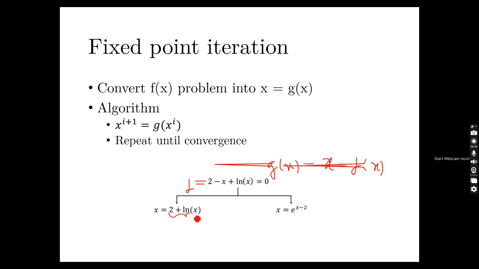This is our g(x), and x minus g(x) is our f(x). And in this case, exponential of x minus 2 is our g(x). So we will initialize with some x value, evaluate g(x), store the evaluated g(x) in x, and then repeat the process again.